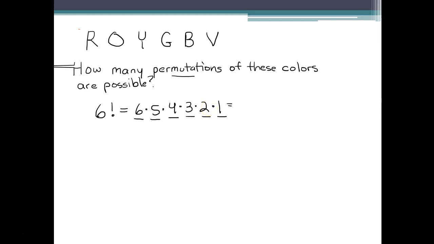Multiply them together. 6 times 5 is 30, times 4 is 120, times 3 is 360, times 2 is 720, times 1 is still 720. Did I get that right? Yeah, so you have 720 possible permutations.